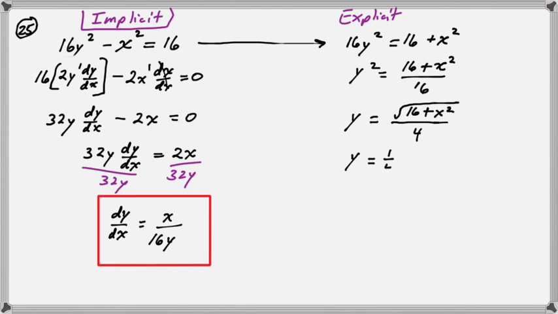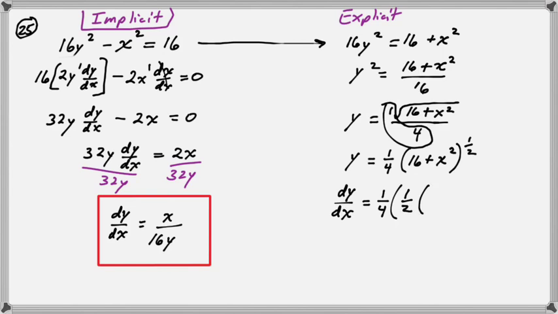So I'm going to call this 1/4 times 16 plus x squared to the 1/2. Now I'm going to find its derivative. I haven't done anything but manipulate it so far. The 1/4 comes from right here. Now I'm going to keep the 1/4 out front, do the power times the base to the 1 less power times the derivative of the base, which is 2x dx dx.